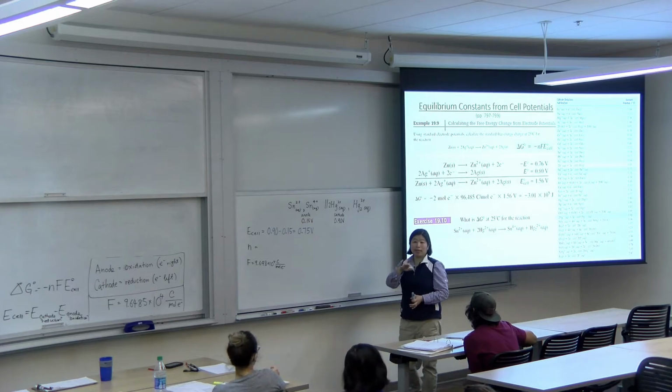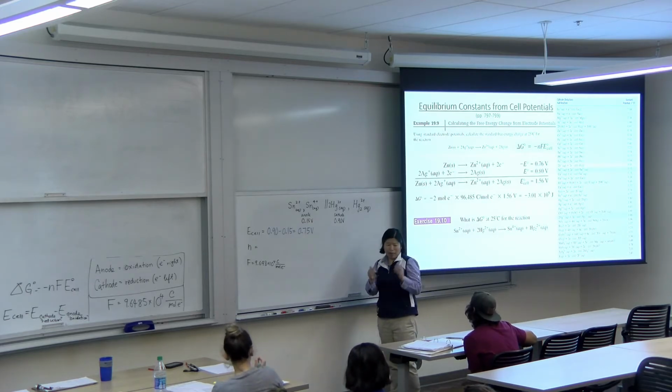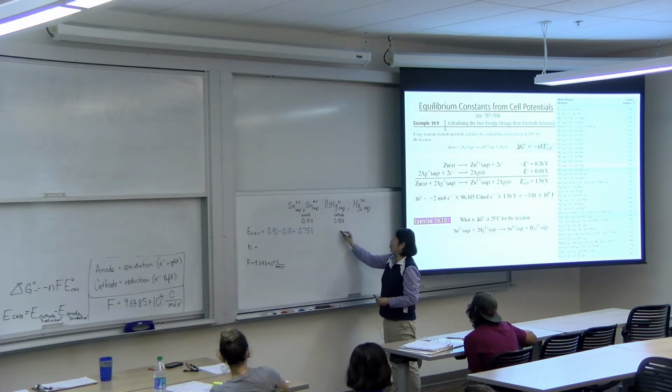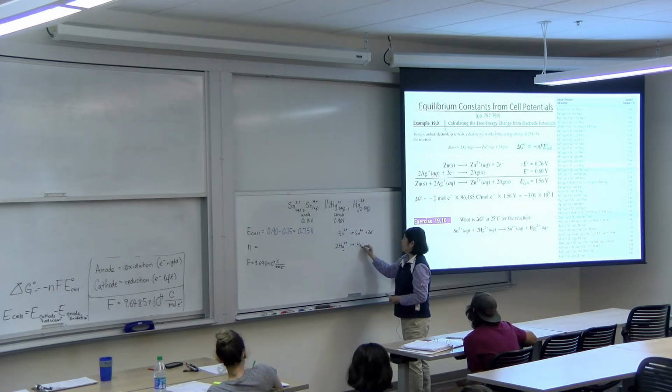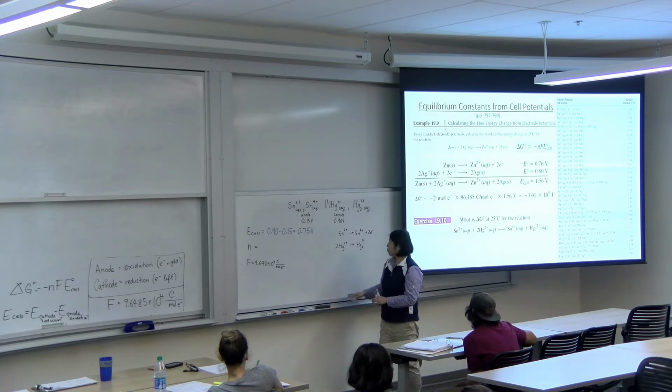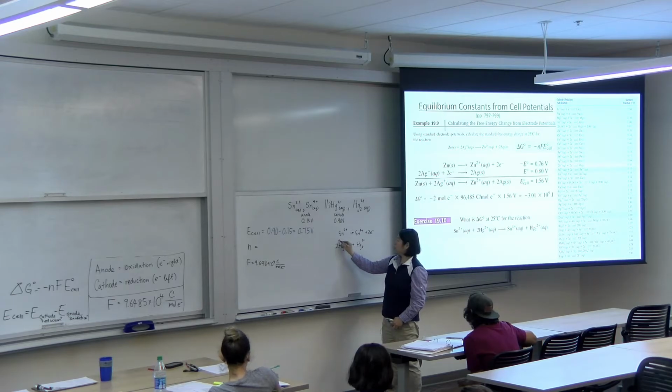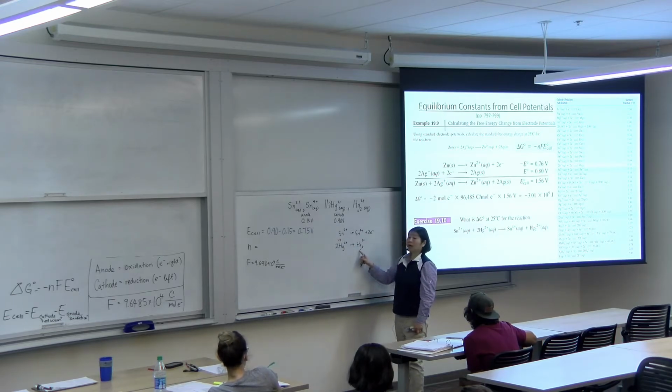Now, in this case, the half reactions might help a little bit. So we're going from tin 2 plus to tin 4 plus. We need 2 electrons on this side. We're going from mercury 2 plus to mercury 2 plus. Let's think about this for a second. This mercury is 2 plus, right? This mercury is what? 1 plus. Very good.